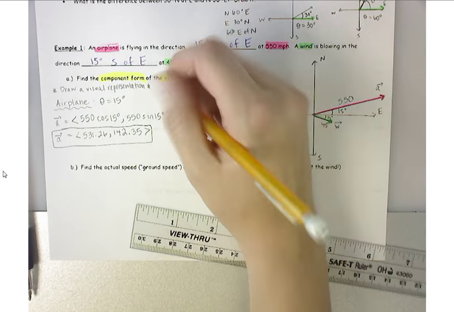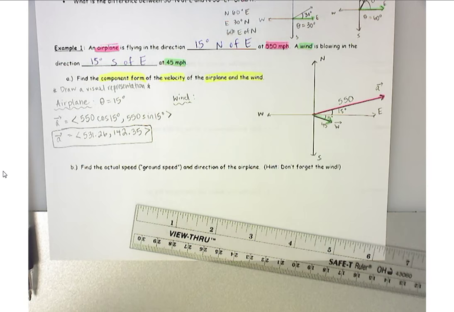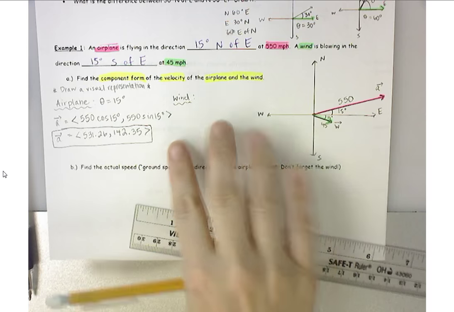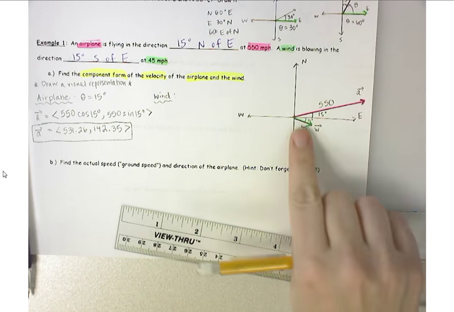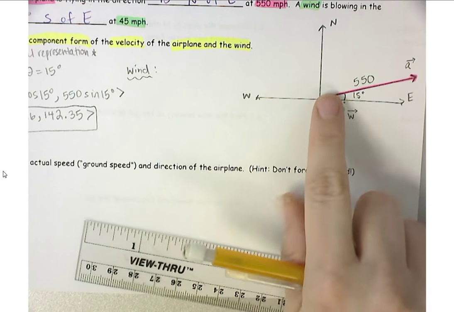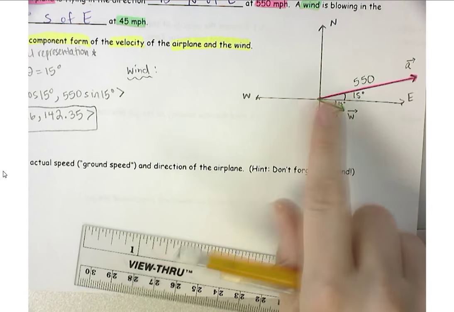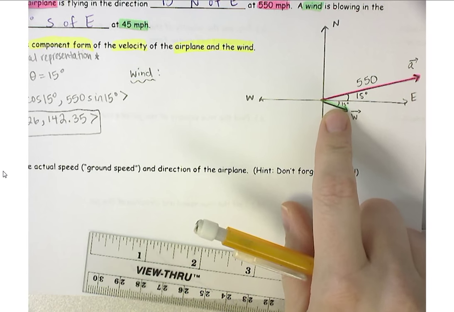And now we're going to do our wind. Again, the first thing you want to do is identify what your theta value is. Now I know from here to here is 15 degrees, but it has to be negative because it's going clockwise. It's what you're used to doing with your terminal side.